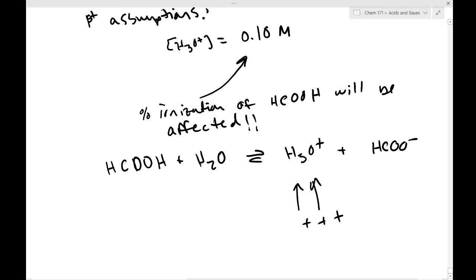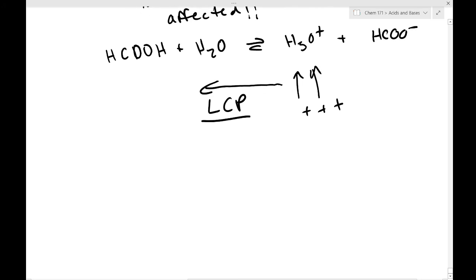So what's going to happen with this reaction? This equilibrium is going to shift left, due to Le Chatelier's principle. Good old Le Chatelier basically tells us that if we add more of the product, this system is going to re-equilibrate. It's going to react to that by shifting itself one way or the other to find a new equilibrium. And that's exactly what's going to happen here.